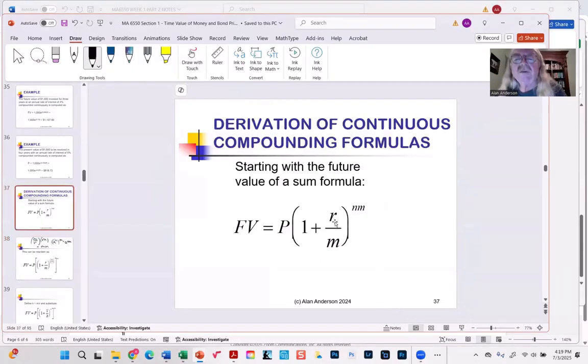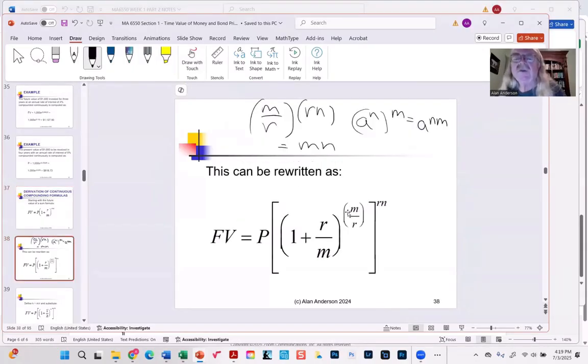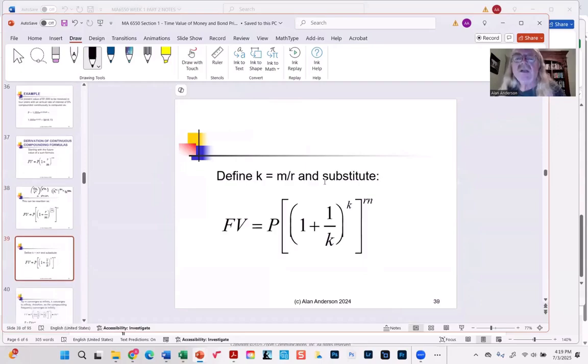If you notice how here in the original expression, Mn, or Nm, is the exponent. So we're rewriting it a little bit differently. So what is that going to get us? Well, we're going to let k equal m over r and make a substitution. And you can see where this is going.